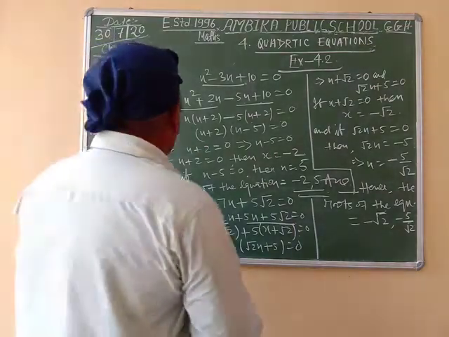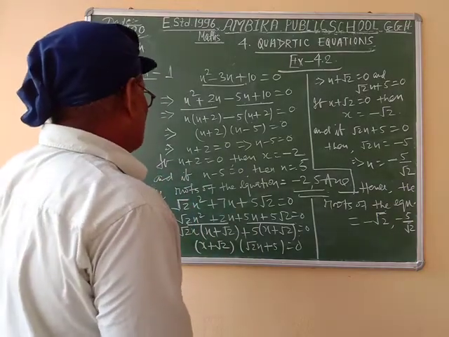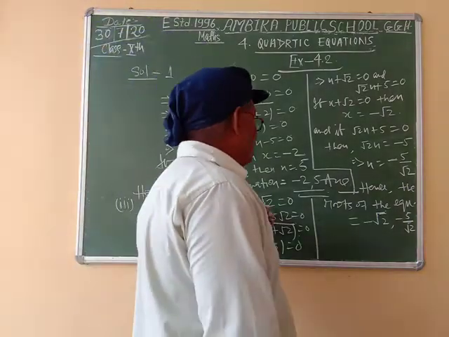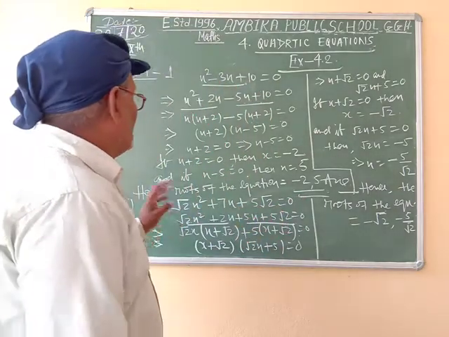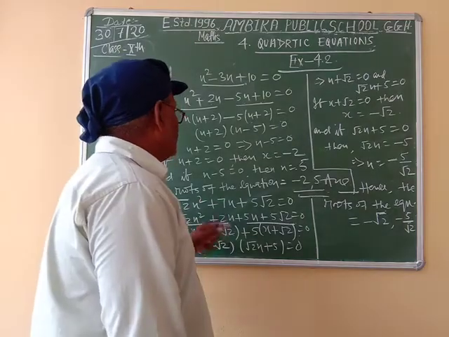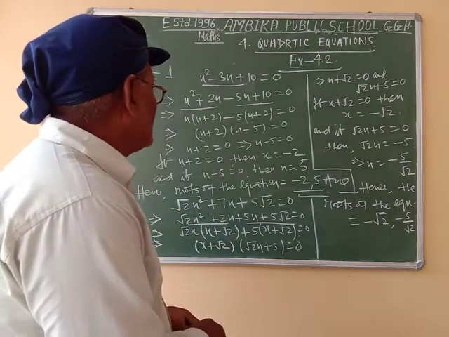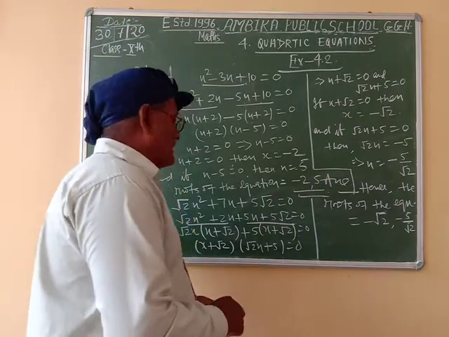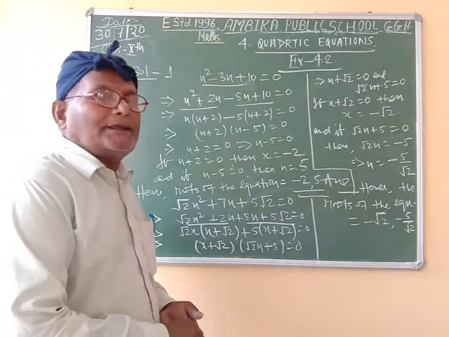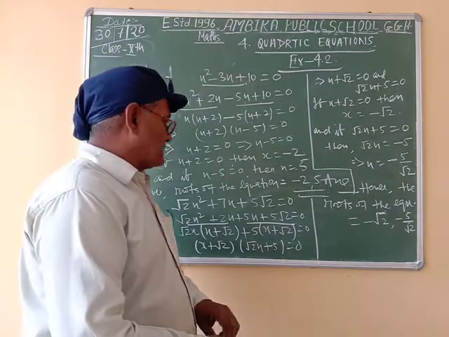Again I am going to explain it. Root 2x square plus 7x plus 5 root 2 is equal to 0. We have to find such numbers whose sum is 7 and the product is 10. Such numbers are 2x and 5x, because adding 2x and 5x we get 7x, and if we multiply 2 by 5 we get the product 10.